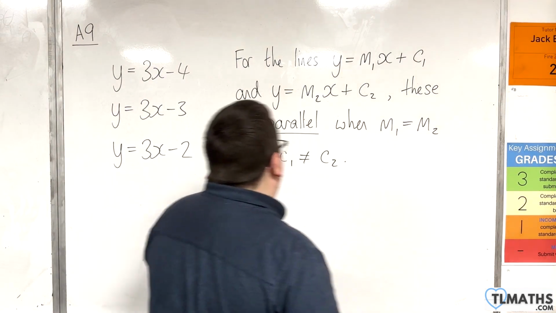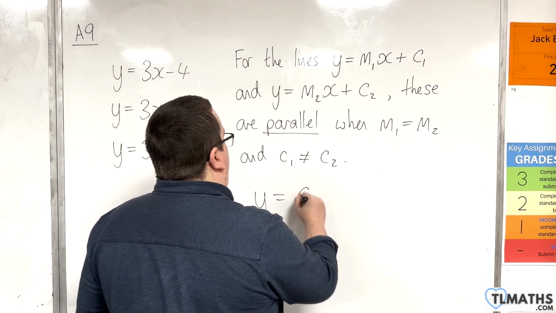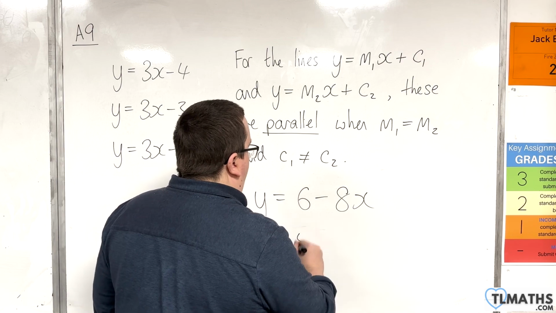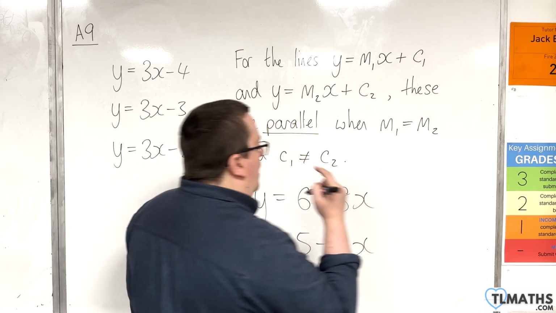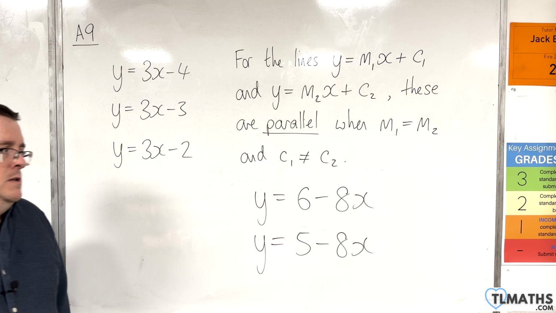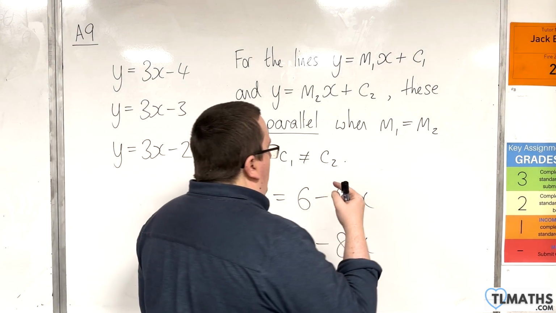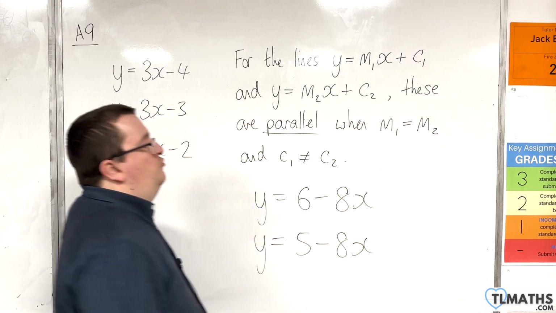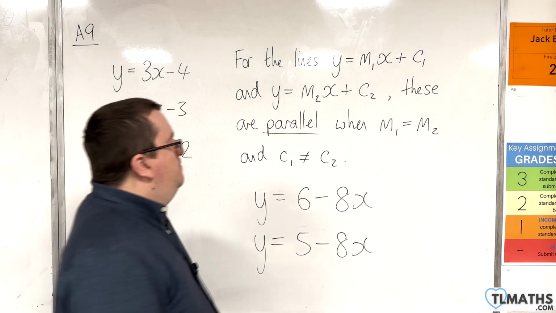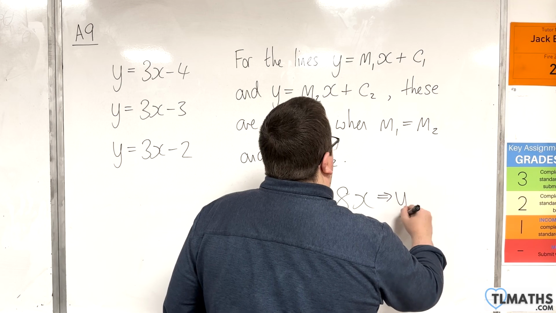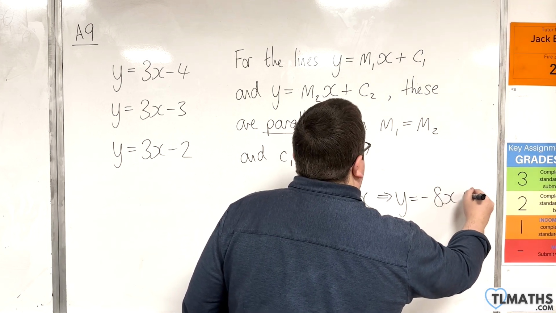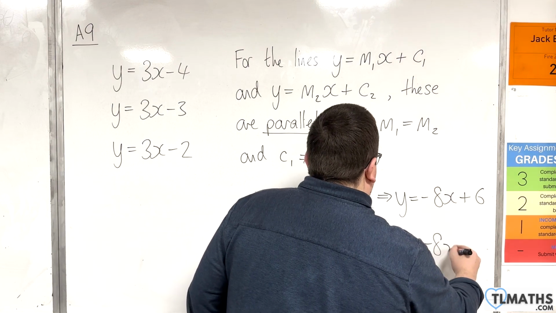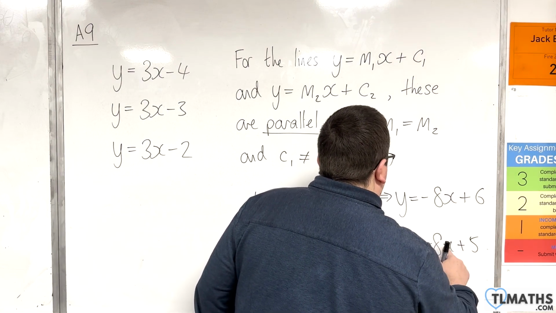We could also say that y equals 6 take away 8x and y equals 5 take away 8x are also parallel. The reason why, because these aren't quite in that same structural form, is that we can write them as y equals minus 8x plus 6 and y equals minus 8x plus 5.